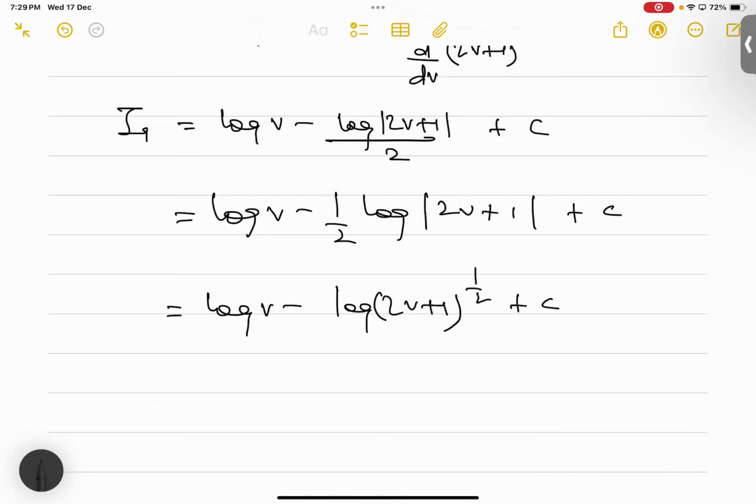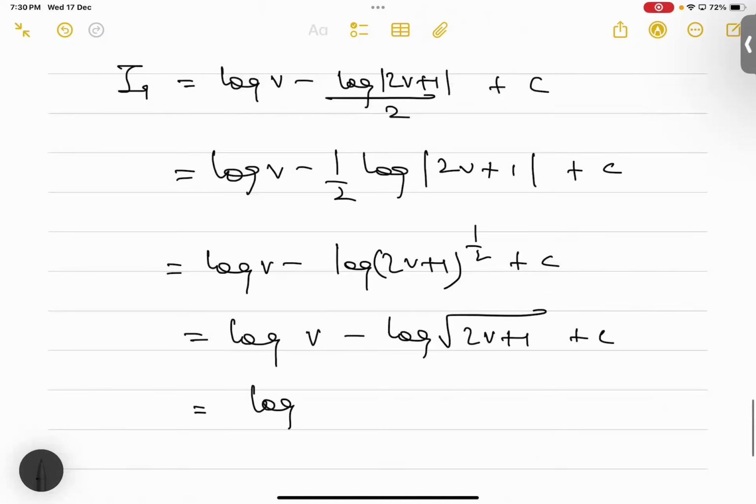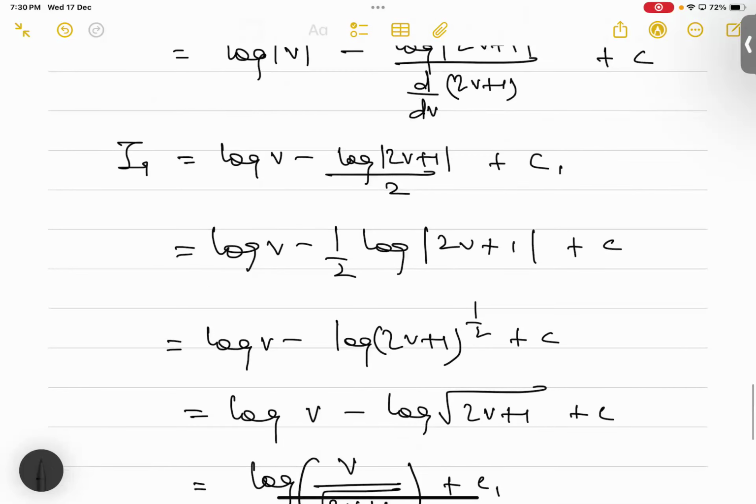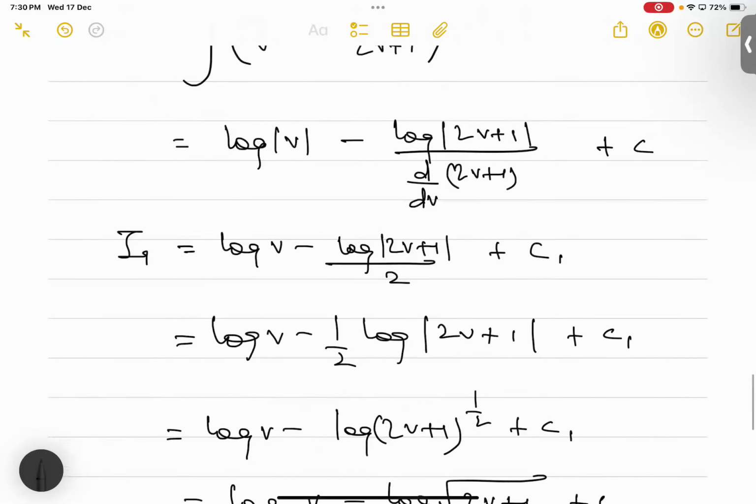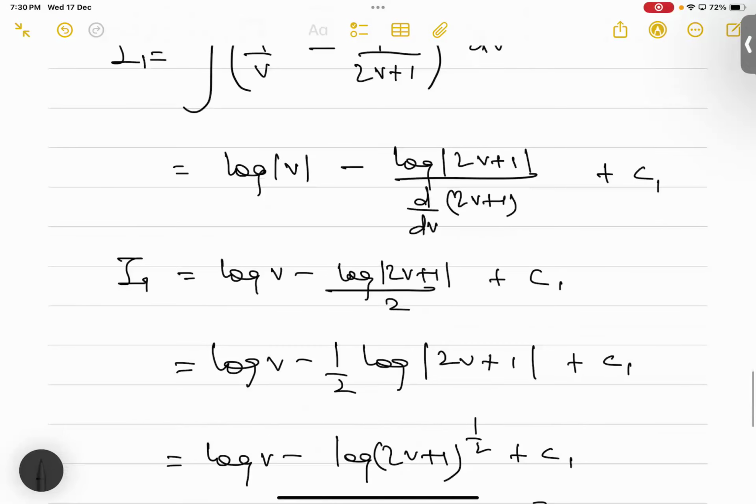What is something raised to half? Root. Do this, this is better, that's what I feel. It was one and the same thing, but I think we should apply this. Plus C1. In I1, make it C1.